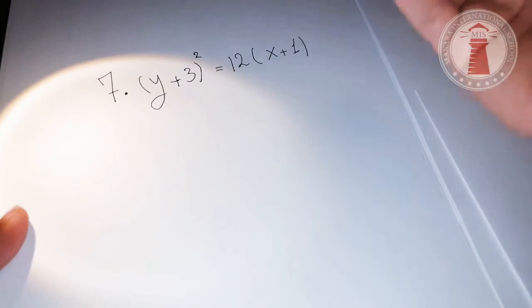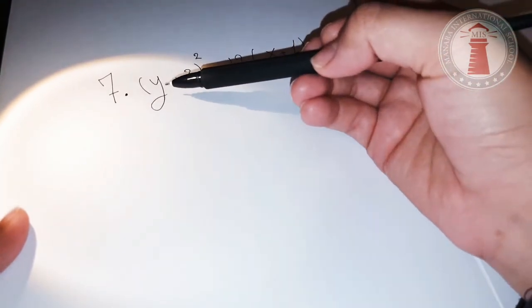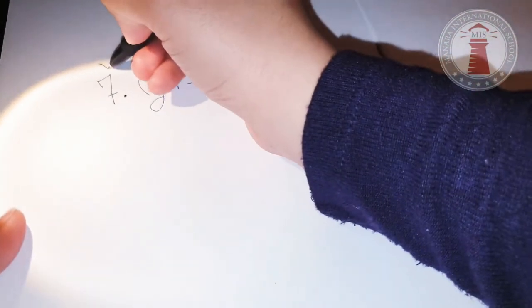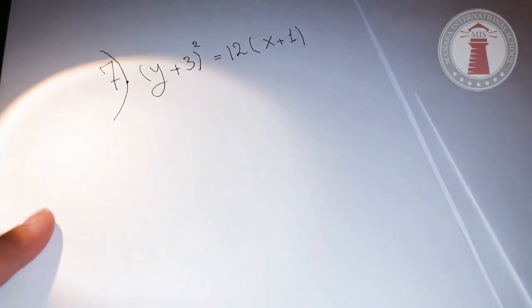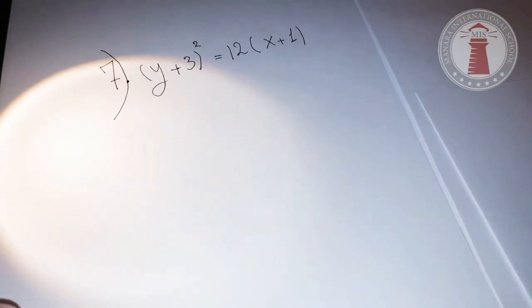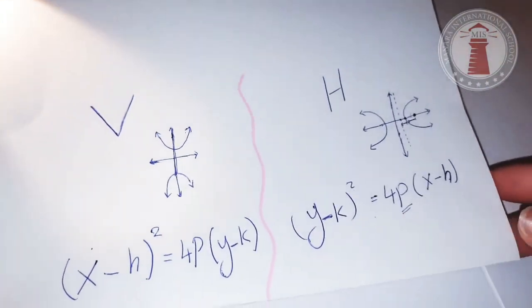Now, in here, I'm just going to do this so we don't miss this. Here we need to find the same things: vertex, focus, directrix, axis of symmetry. Let's start with the vertex, which is finding h and k. Again, I'm going to go back to our original equations right here.